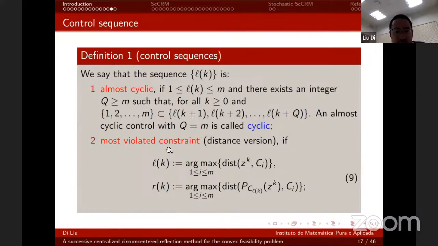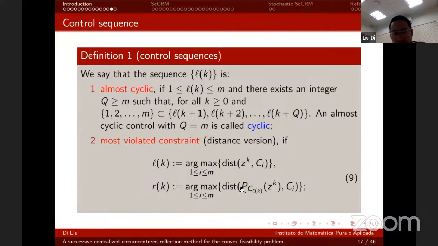So the most violated constraints means before we do the iteration, we need to calculate the distance from the current point to each site, C1 to C_M, and then we choose the largest one as the first index, L_k, and then we do the projection onto it, so we get P_{C_{L_k}} z_k, and then we do a similar process.